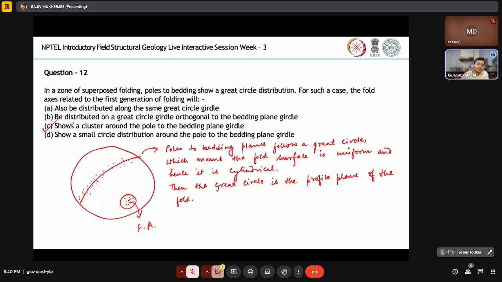Therefore, option C will be the correct answer, which says that it will show a cluster around the pole to the bedding plane girdle, right? So this is how the fold axis related to the first generation of folding will be expressed. So this is FA1, the first generation fold axis, will show a cluster.